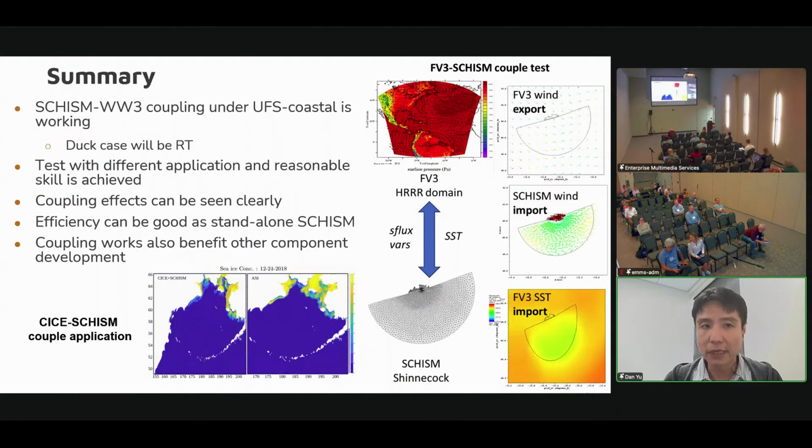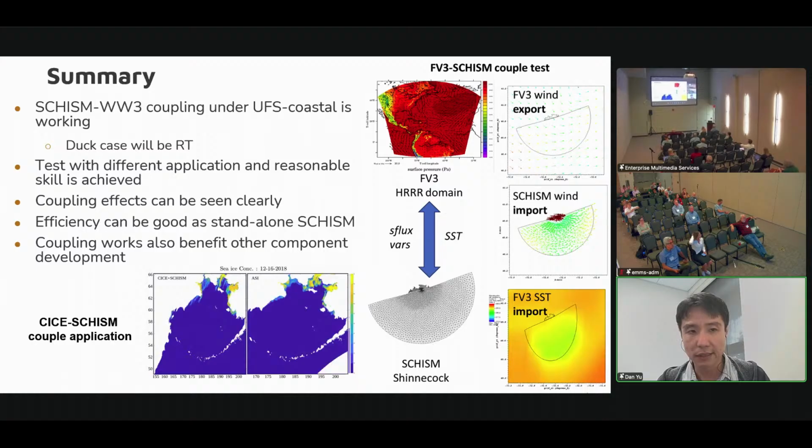So in summary, SCHISM WaveWatch now works, and we'll put the Duck case in the regression test. All the tests deliver reasonable skill, and we can see the coupling effect. Also, we gain reasonable efficiency with this work, and just like Scott presented here, this coupling will also benefit other components.